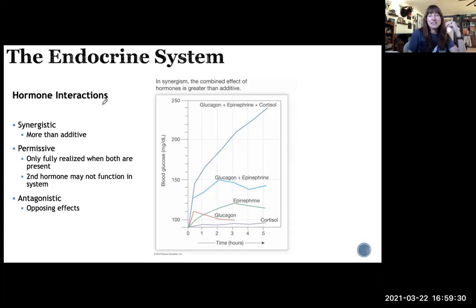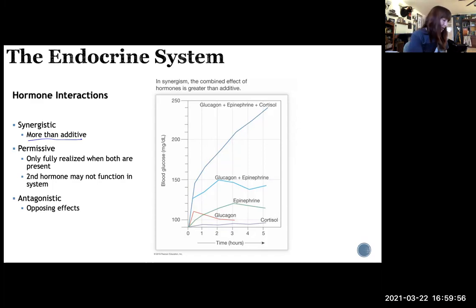Really, really interesting. Some are synergistic, which means that they are greater than the sum of their parts. So literally the effect of one hormone is this, the effect of another hormone is this. But when you put them together, the resulting additive effect is actually greater than what you would expect based on the effects of each one by themselves.